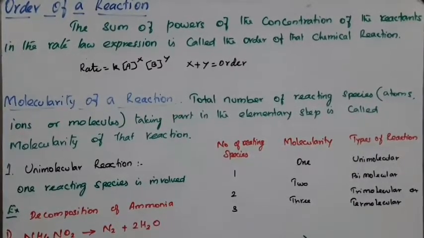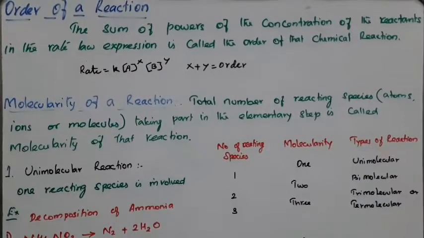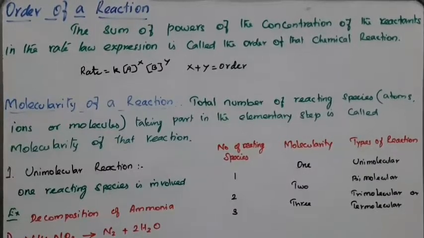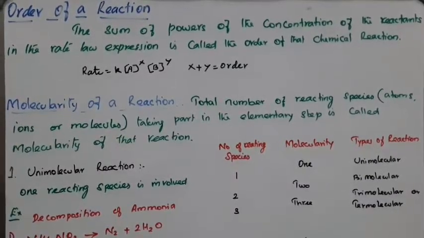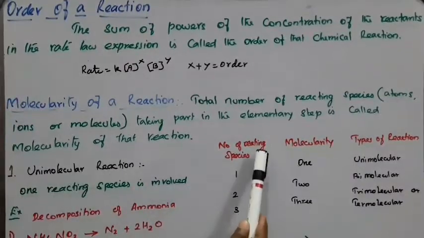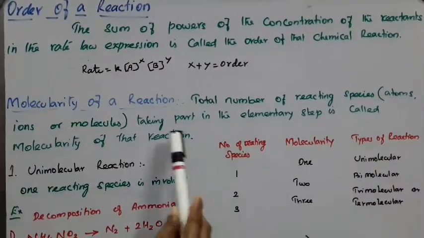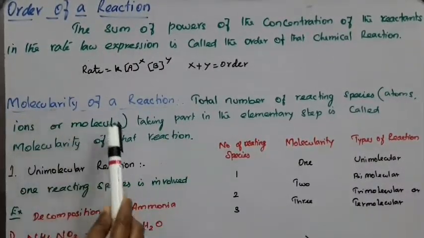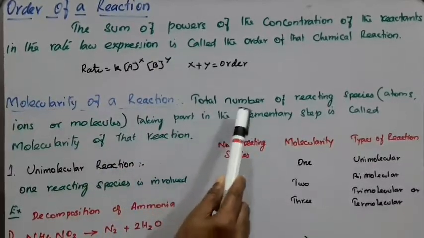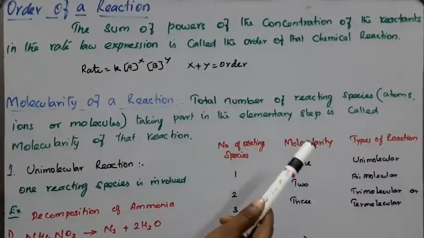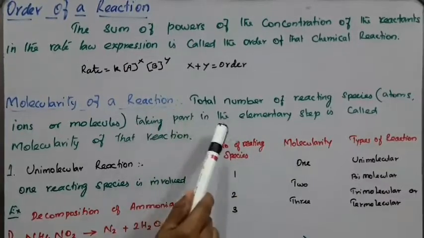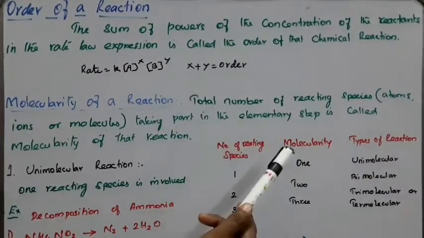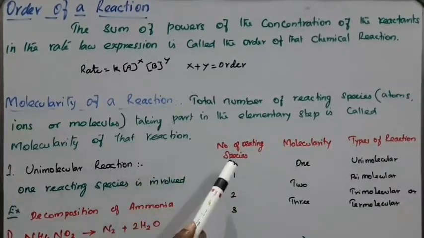But molecularity is applicable only for elementary step reactions. So what is meant by molecularity of a reaction? The total number of reacting species taking part in the chemical reaction is called the molecularity of a reaction.